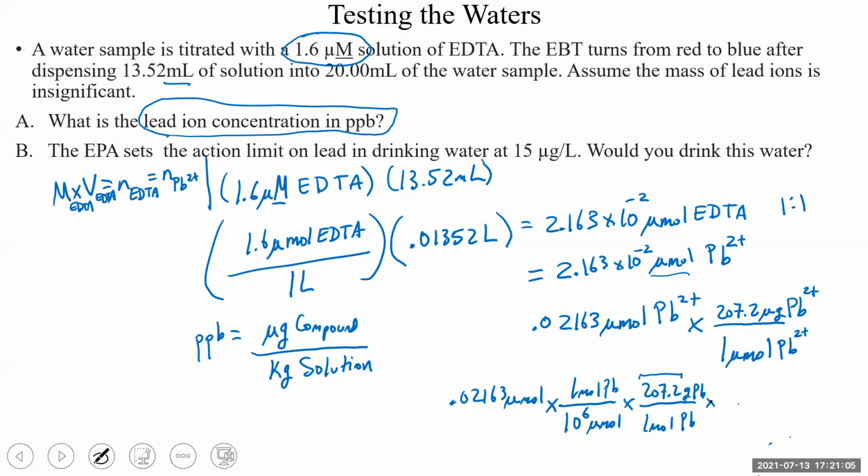And then, since I want micrograms, I'm going to convert back again. I know that every 1 gram is 10 to the 6th micrograms of lead. So if I work all of this out, oh, what do you know?